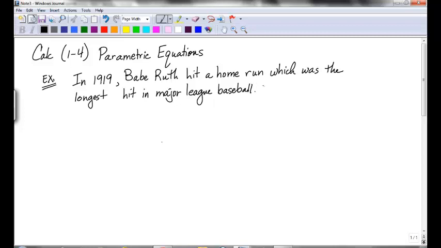The trajectory of the ball is described by the parametric equations.